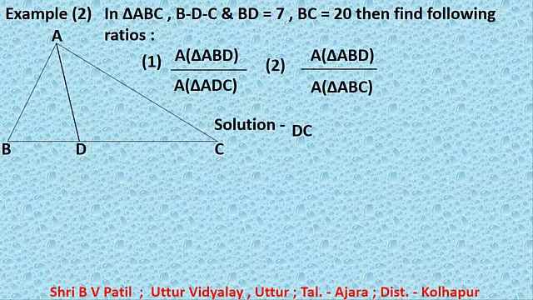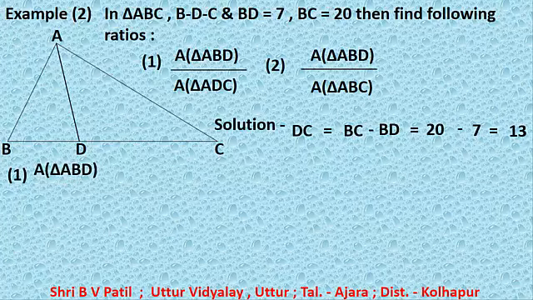Tell the formula for finding DC, that is BC minus BD is equal to BC value 20 minus value of BD is 7. Subtraction is 13.